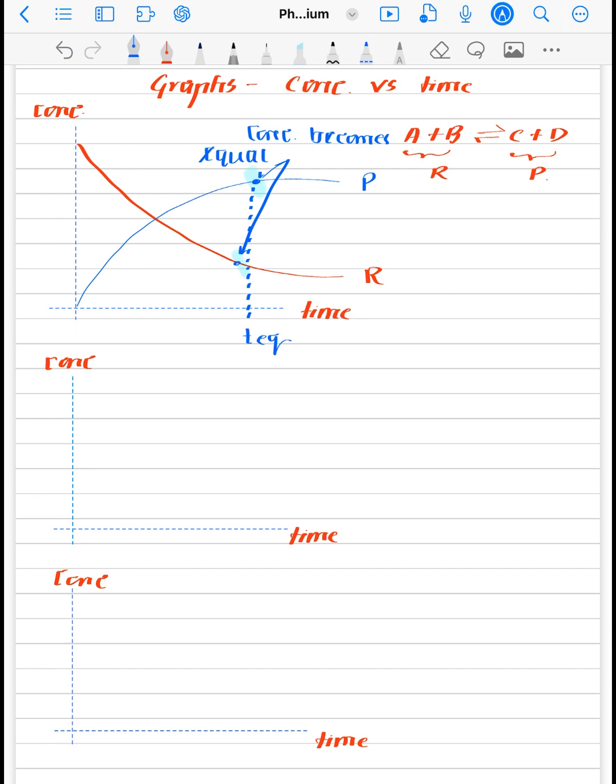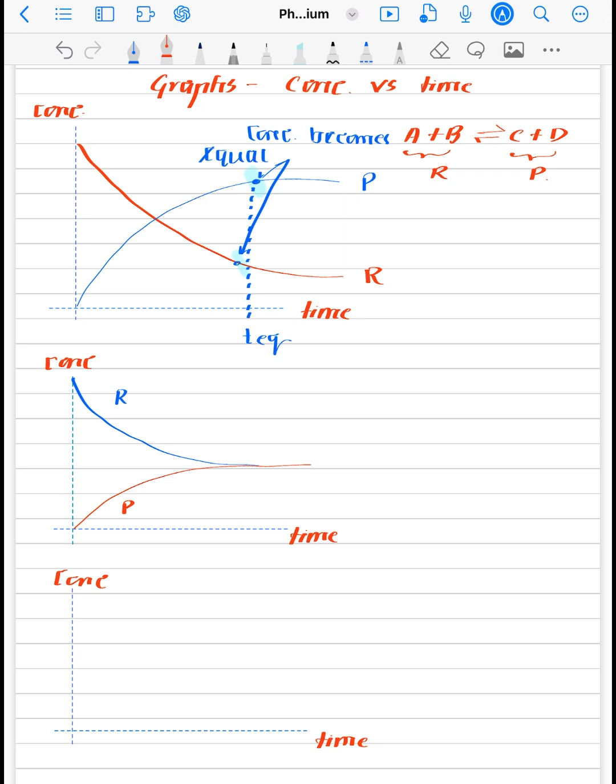The second nature of a graph. When we take a look into the second nature of a graph, one would observe that as the time goes by, the concentration of the reactant goes on decreasing, right? So, let's say the concentration of reactant is decreasing. But at the same time, the concentration of the product is increasing. So, let's give it like this. This is the product which is increasing.